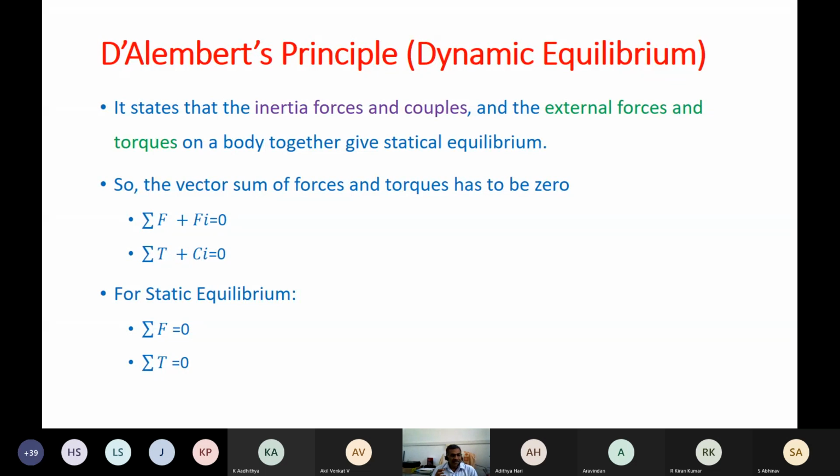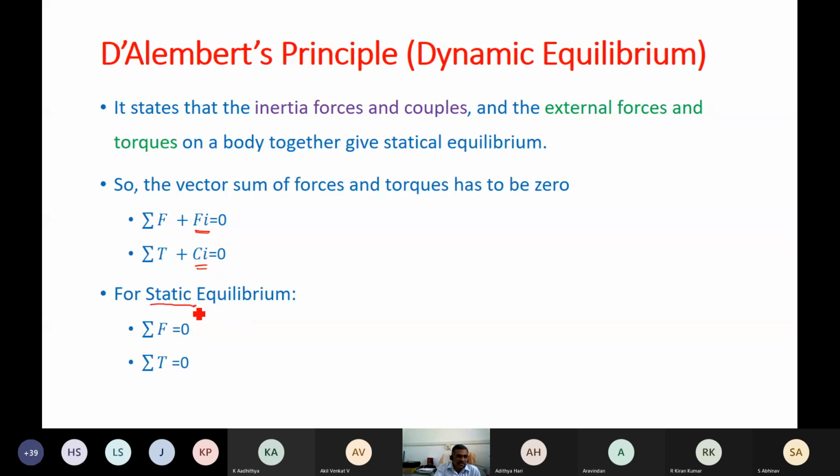Similarly, net torque plus inertia torque. Here Fi is the inertia force and Ci is the inertia torque. So you have two equations, one is the force equation and another is the torque equation.